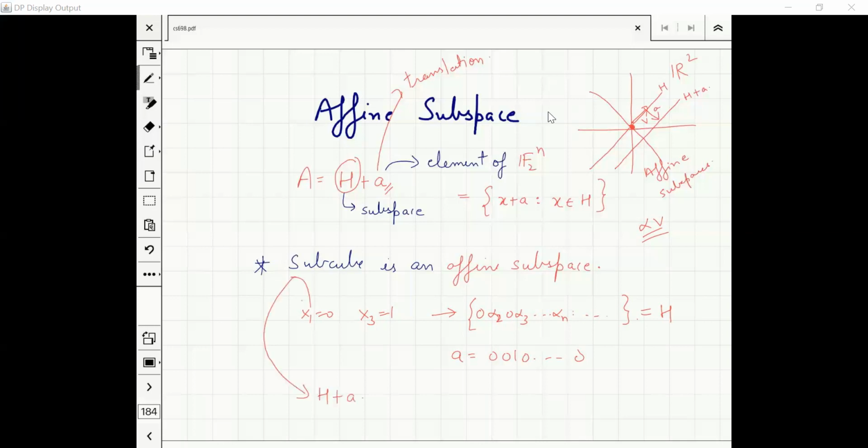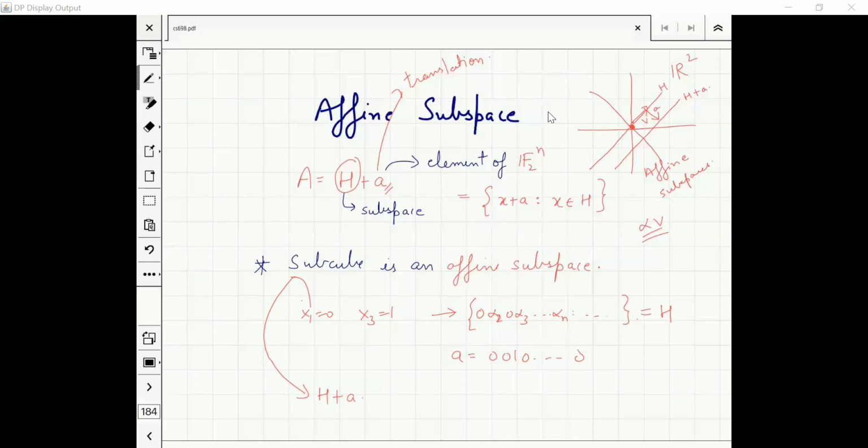Again, none of these are difficult. I'm just doing it so that you get more practice with this. Right? And now, after I have explained this, is this clear now? Are you comfortable that a subcube is an affine subspace? Are there any questions about this? Okay. Everyone is fine?